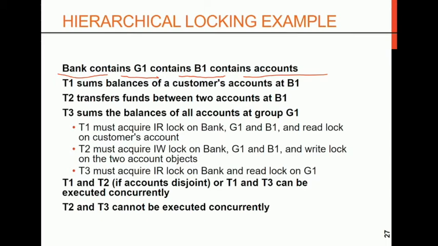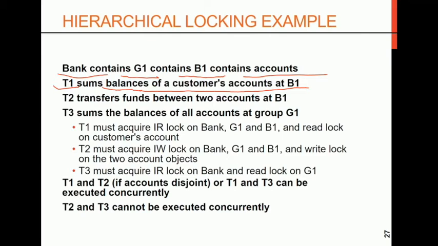So transaction 1 sums the balances of a customer's accounts at B1. It assumes that a customer has multiple accounts. It might be a savings account plus another savings account plus an investment account plus just a current account. And all this transaction is trying to do is look at that customer's accounts and add up how much money they have overall.